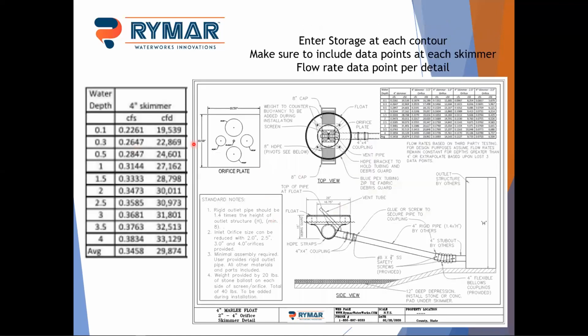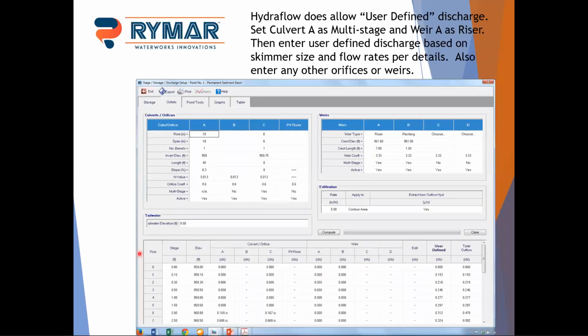And again, the flow rates come off the detail. Again, we're plugging in the 4-inch skimmer on this one. And then when you build this, you're going to have your orifice A, which is your barrel going out. In this case, we had an orifice C, which was actually a 6-inch orifice, about 1.75 feet above the bottom of the pond.